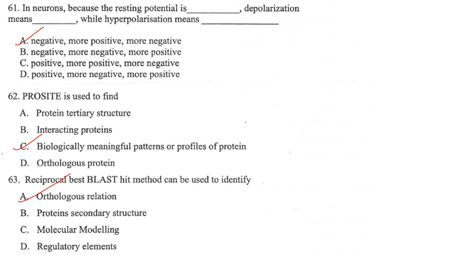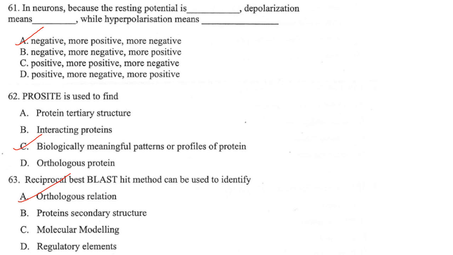And depolarization is when membrane potential becomes more positive. So depolarization happens when the channels open that let positive ions flow into the cell.